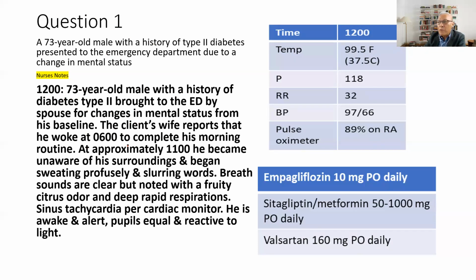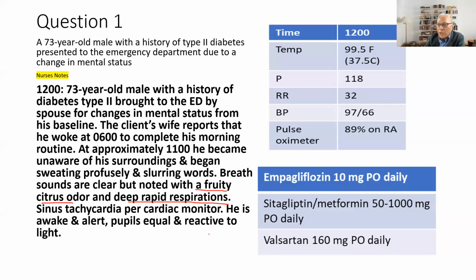The client's wife reports that he woke at 6 o'clock to complete his morning routine. At approximately 11, he became unaware of his surroundings and began sweating profusely and slurring words. Breath sounds are clear but noted with a fruity citrus odor. This should tell us something. And deep, rapid respirations. Sinus tachycardia per cardiac monitor. He's awake and alert.